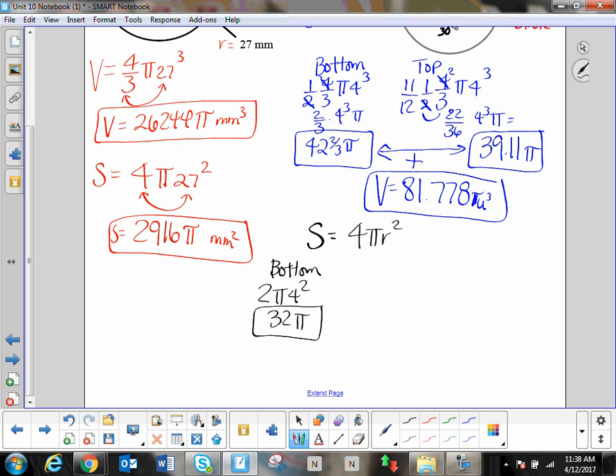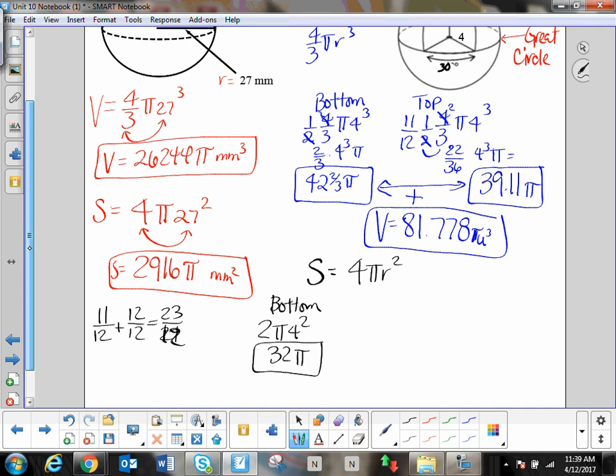Okay, so 11/12 plus 12/12. 23 out of 24, right? Yeah, so you do it that way if you understand it better. Okay, let's see if we come up with the same answer. Okay, so there's the bottom.